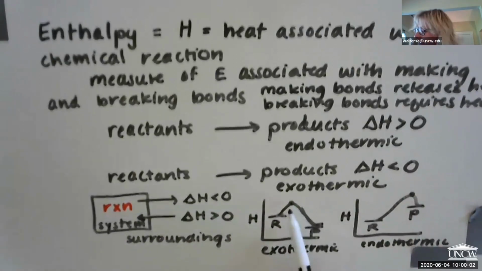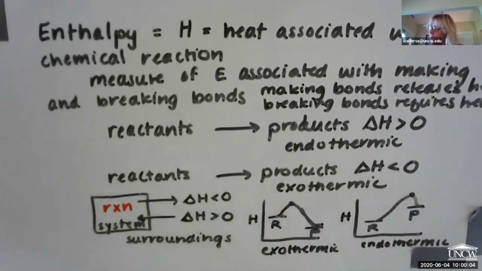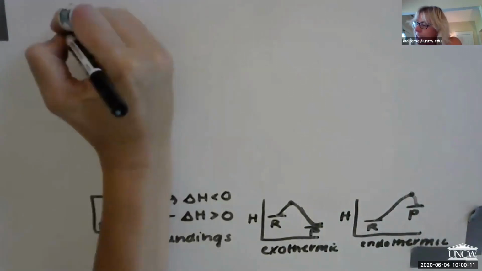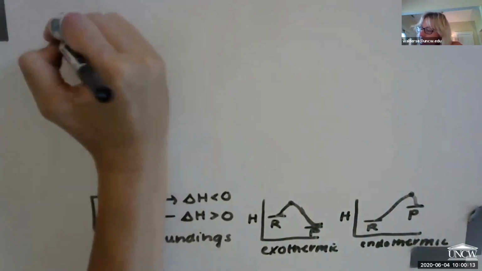Now the placement of the peak height on an energy level diagram is related to something called the Hammond postulate.